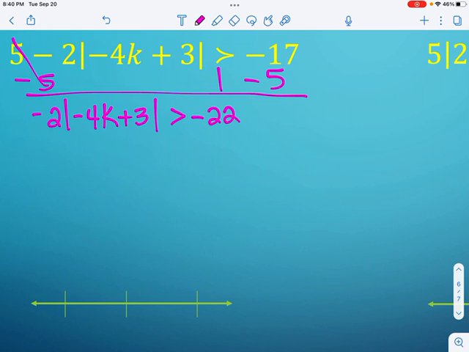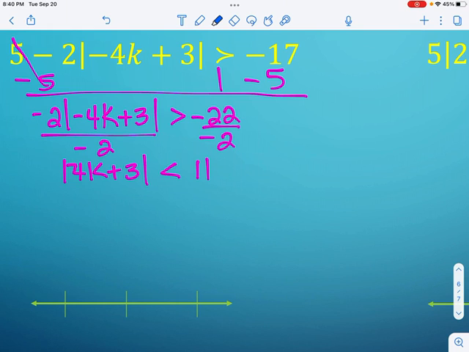My next step is I'm now going to divide by -2. Now, that will cause that inequality to flip because we divided both sides by a negative, and it gives me that.